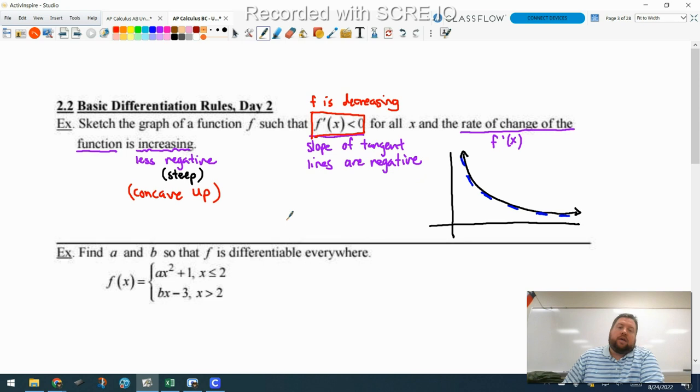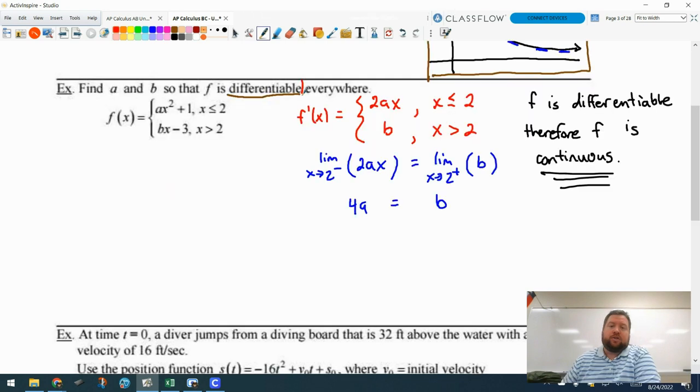I should say that it does say differentiable everywhere, and I'm really focusing in on only one point, x equals 2. But the reason I'm focusing in on x equals 2 is because this quadratic function is always continuous. And the derivative of that quadratic function is a linear function, which is always defined.